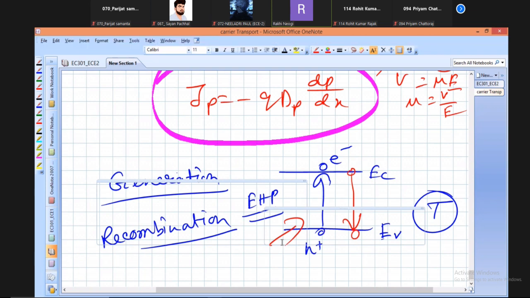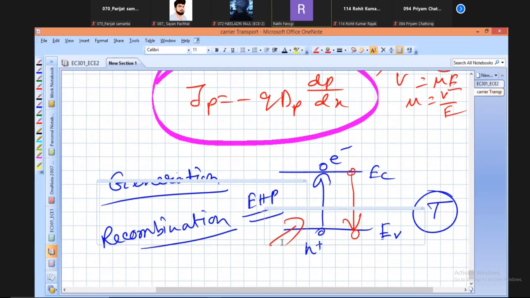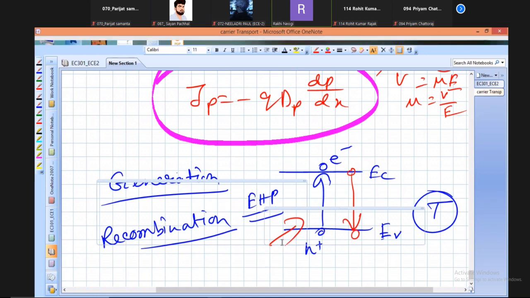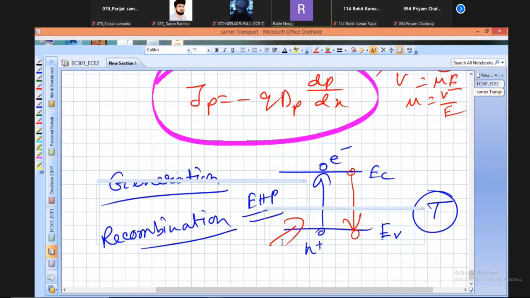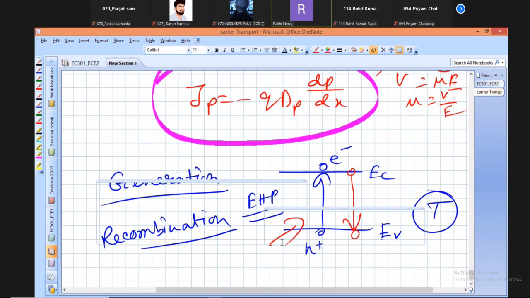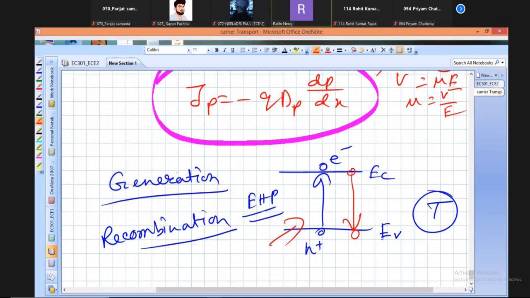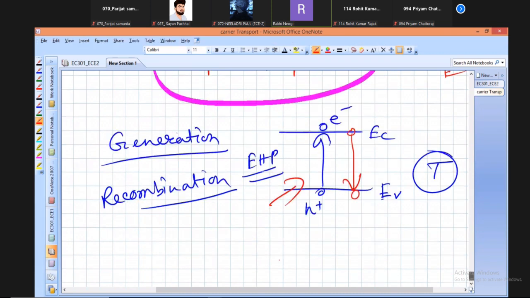Due to this recombination, electrons again form a covalent bond with the neighboring atom. So due to this process, I cannot say that electrons are destroyed or holes are destroyed. I have to say that electrons and holes are annihilated.